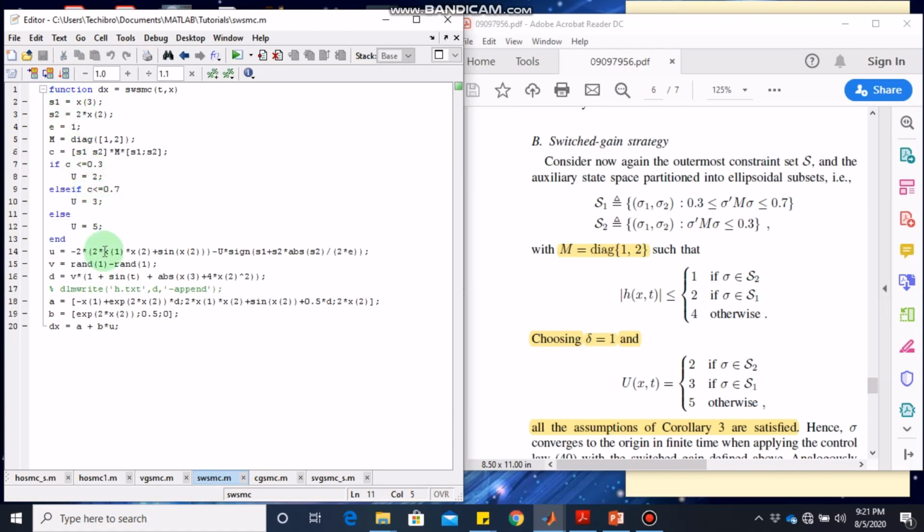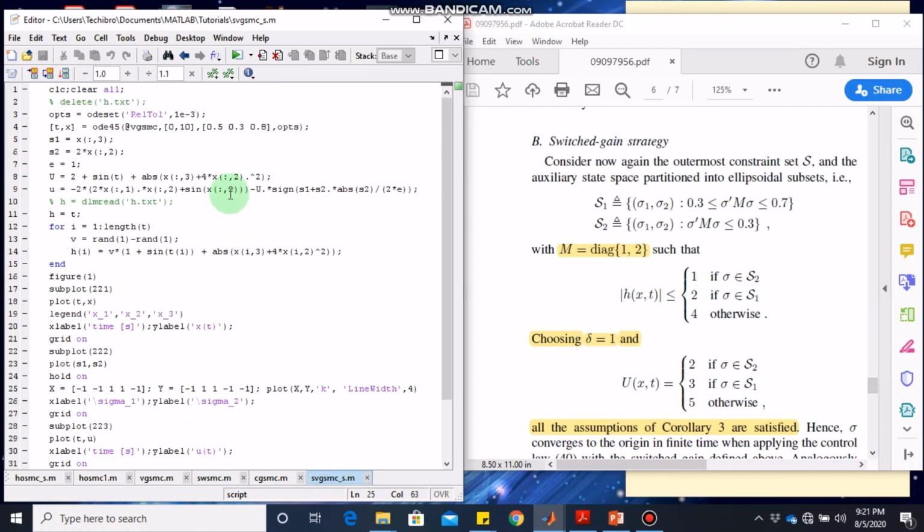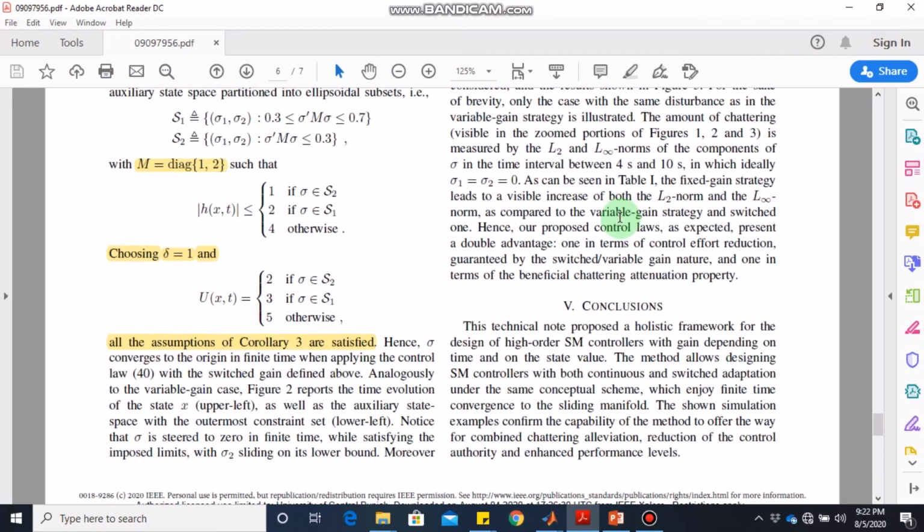All other code remains the same, and in this file you can just change the name from variable gain to switch gain. If you run this, you will get the results that correspond to switch gain.